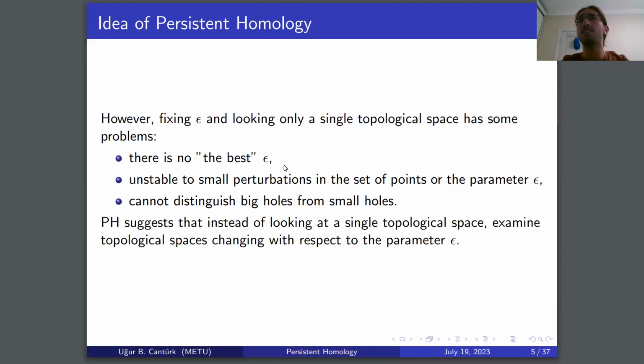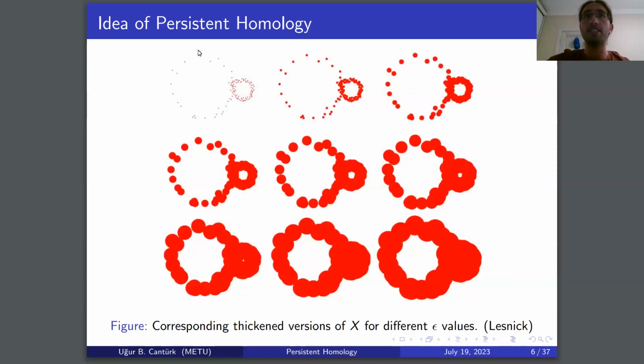So persistent homology suggests that we consider all of the possible epsilons. For instance, we start with a discrete set of points and we increase our epsilon, our scale parameter. And as you can see, all along the way, your topological space is getting bigger and bigger. Somewhere you obtain some higher-dimensional holes.